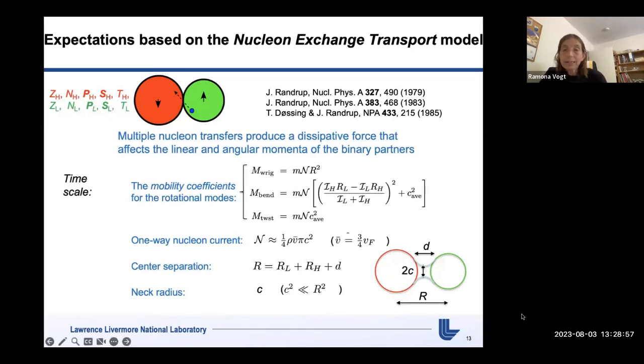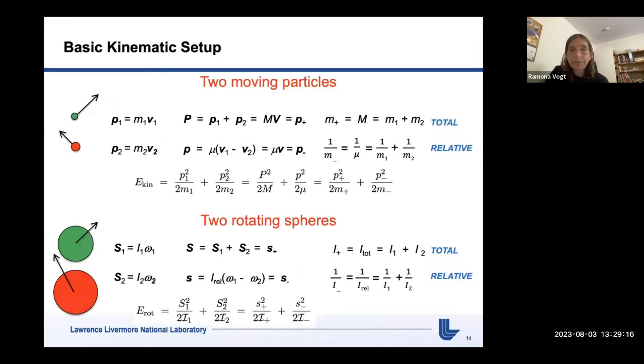And then the distance d between the two edges of the two nuclei. And then the neck radius itself is here. So 2c is the diameter, c is the radius. And it's going to snap when it's a couple of Fermis.